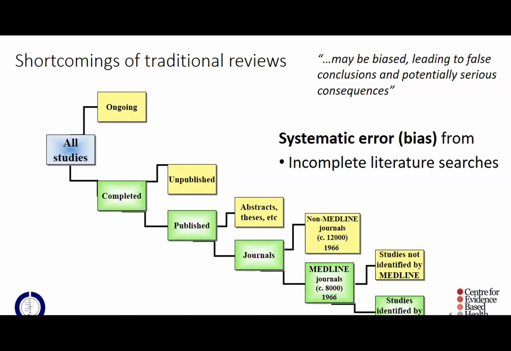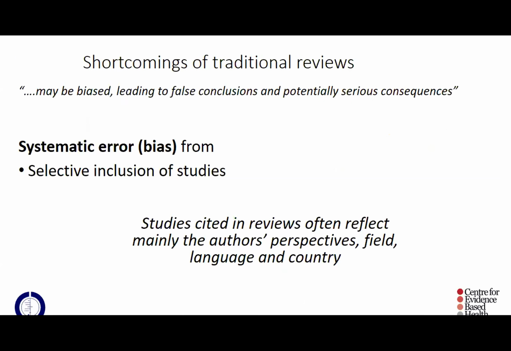Okay, let me proceed. So the first thing is to have a comprehensive search. Then there are further biases that one needs to try to avoid, and that is when you are selecting studies for inclusion in your review, you need to ensure that you include all possible studies and you have a very objective way of choosing which studies are included or not.